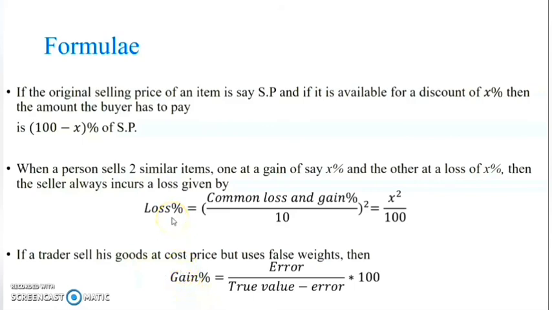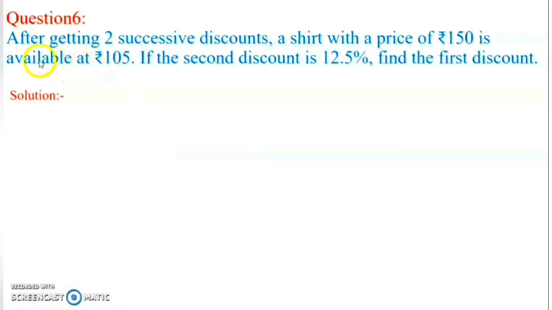So now let me go to the problems on each of these formulas. The question is: after getting two successive discounts, a shirt with a price of rupees 150 is available at rupees 105. If the second discount is 12.5%, then what is the first discount?